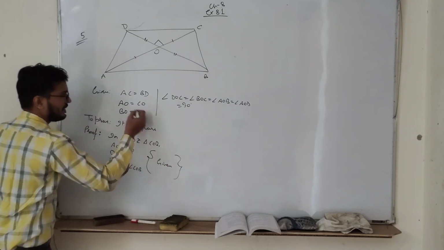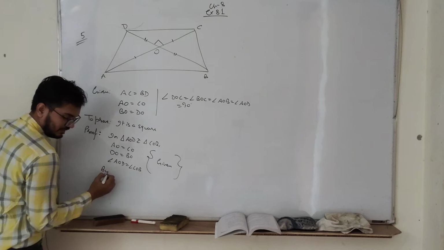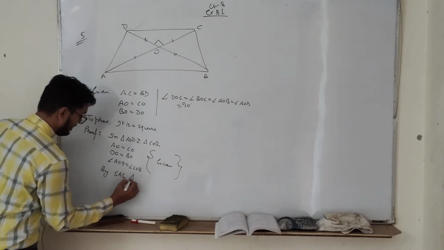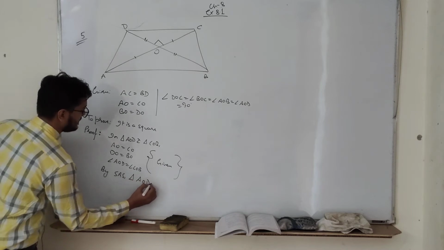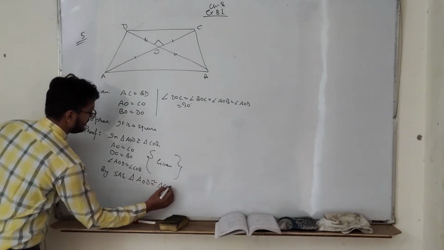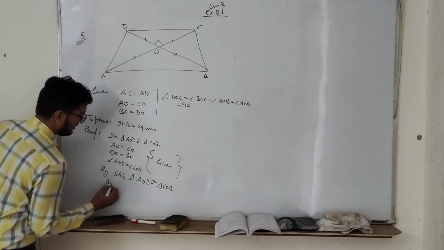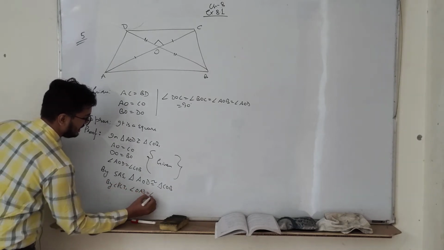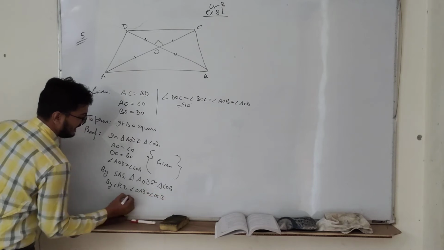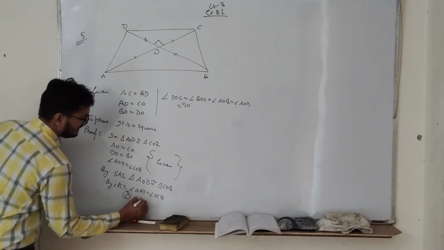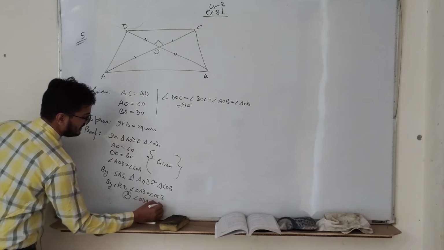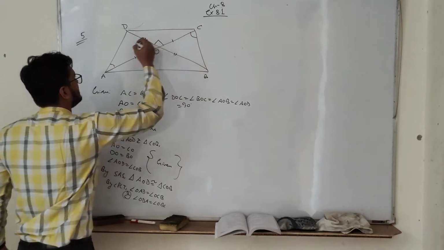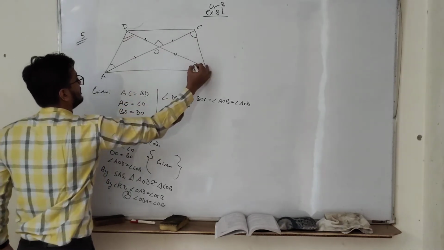We have written here, right? So by SAS, triangle AOD is congruent to triangle COB. So by CPCT, angle OAD is equal to angle OCB, and angle ODA is equal to angle OBC. This angle is equal to this angle by CPCT and this angle is equal to this angle.